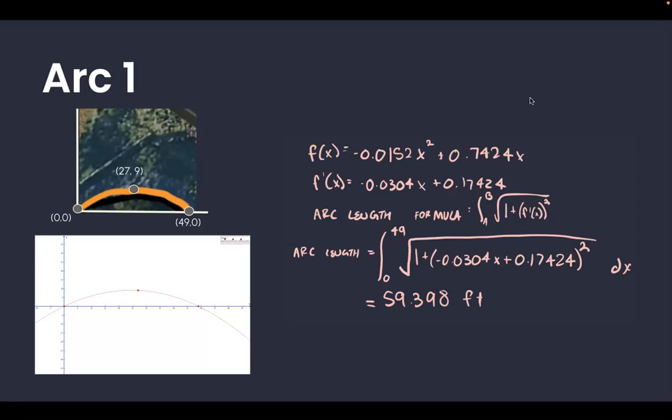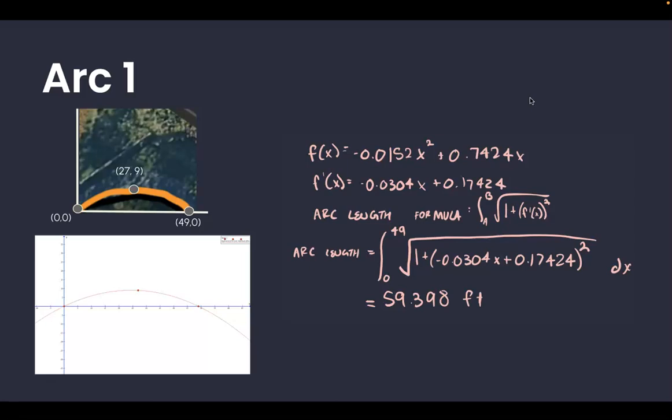0.0152x squared plus 0.7424x. Then I took f prime of this, which turned out to be minus 0.0304x plus 0.7424. I took f prime of x because the arc length formula is the integral from a to b of the square root of 1 plus f prime squared.